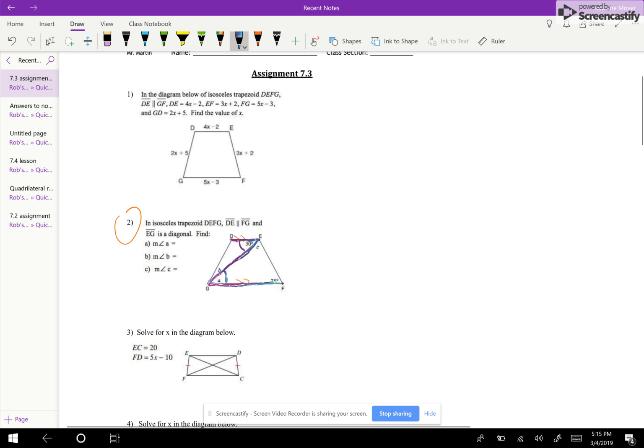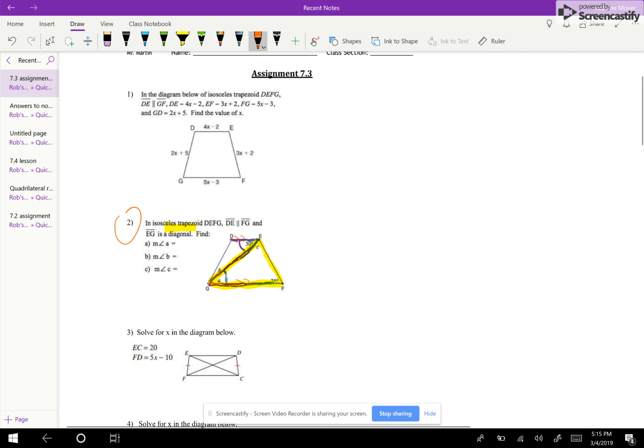I think if you were to use that to find A, and you apply that also to find some angles in here, right? That'll help you to find C. And then you're left to find B, right? But this is an isosceles trapezoid, so base angles are congruent.